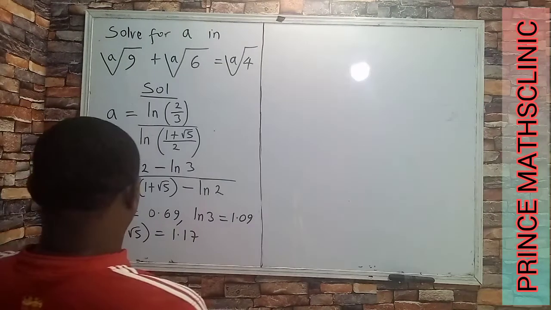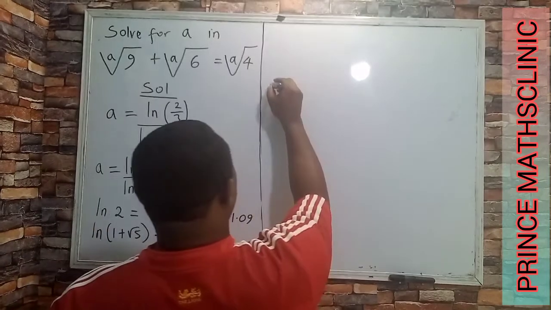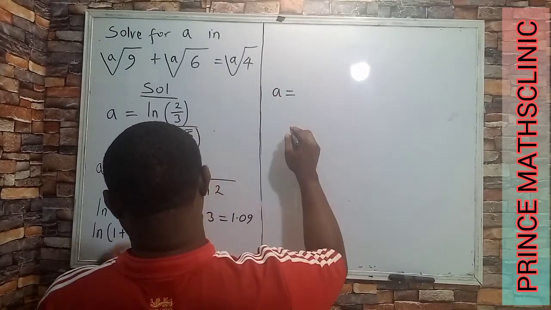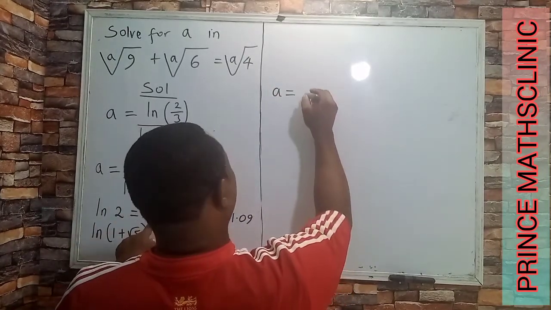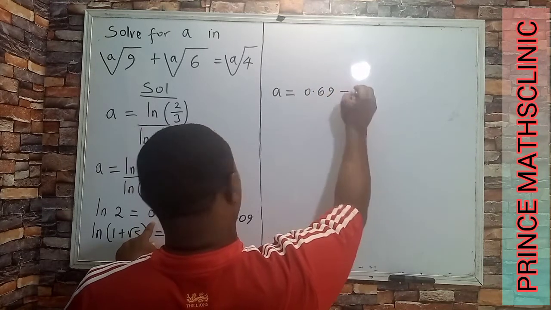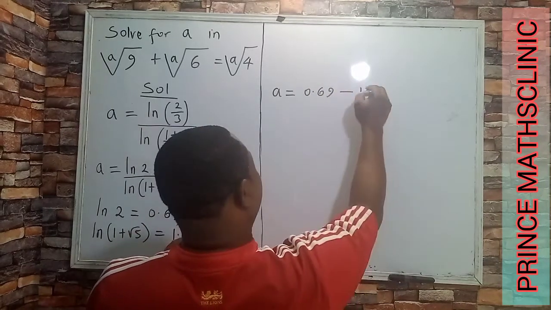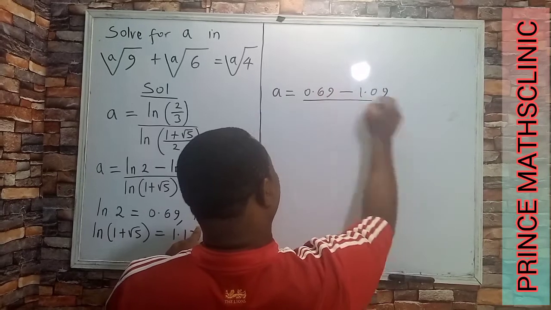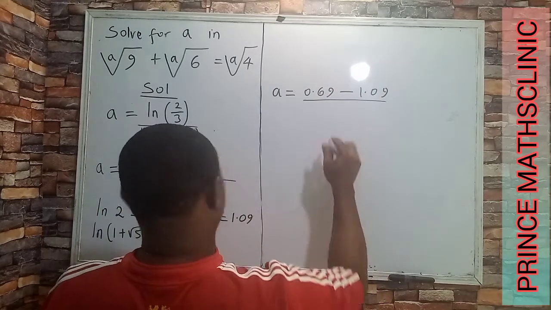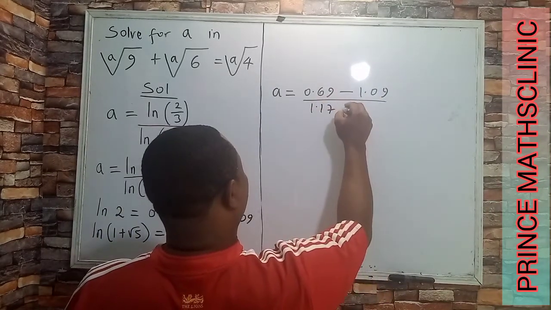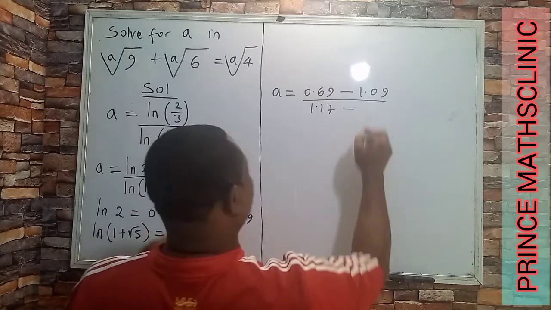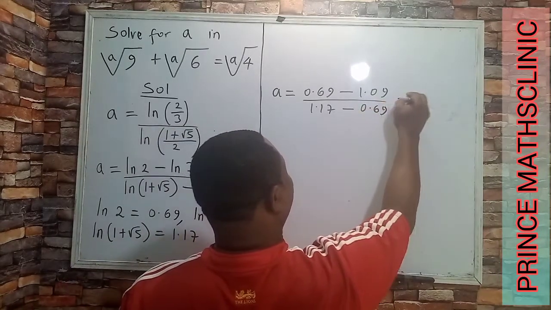Therefore, substituting the values that we know, it means that our a will become what? 0.69 minus ln of 3, which is 1.09, divided by ln of this, which is 1.17, minus ln of 2, which is 0.69.